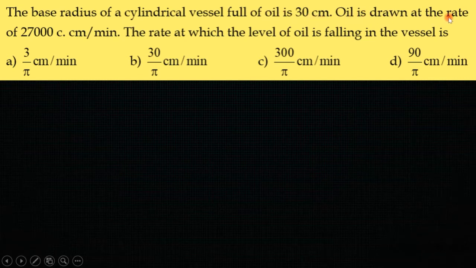Oil is drawn at the rate of 27,000 cubic centimeter per minute. The rate at which the level of oil is falling in the vessel is, options are 3 by pi centimeter per minute, 30 by pi centimeter per minute, 300 by pi centimeter per minute, 90 by pi centimeter per minute.